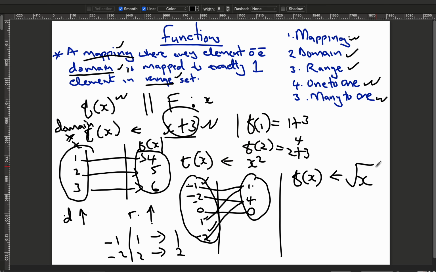If I have something like this, we are saying that this is not going to be treated as a function, simply because if I have a value of f of 4, f of 4 is not a function. Why? Because the square root of 4 is equal to plus or minus 2. So 4, an input value, is mapped to two different values, -2 and +2.